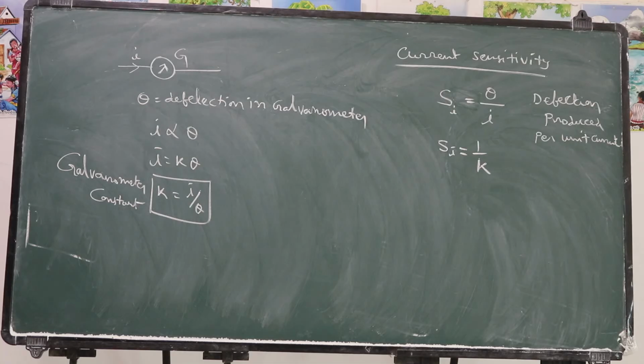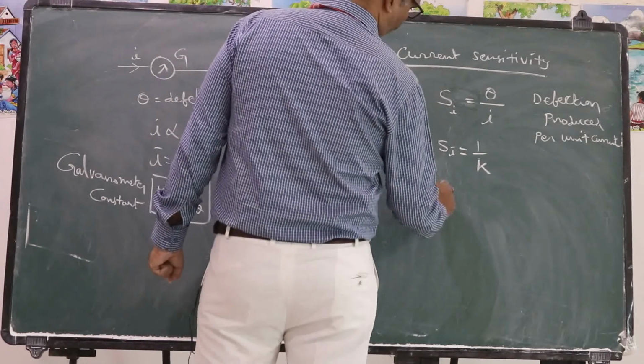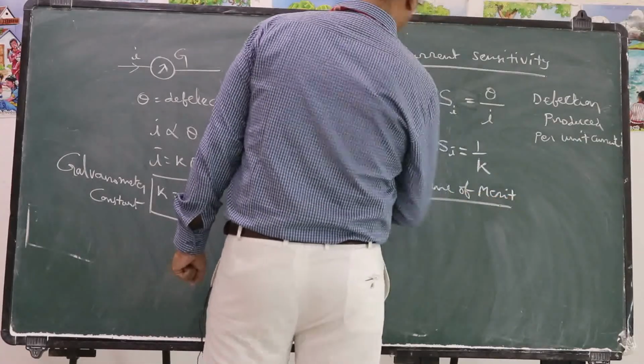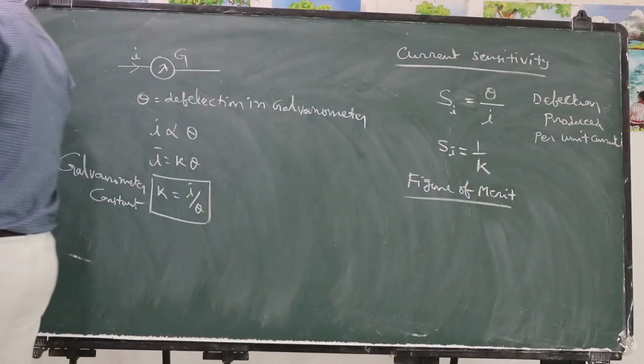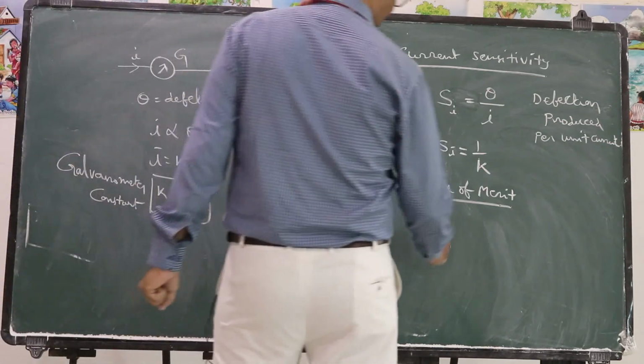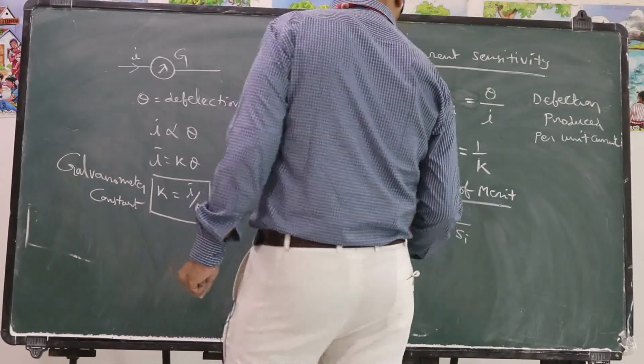Current sensitivity is identified as reciprocal of galvanometer constant. Next, we can have one more word here, figure of merit. What do you mean by figure of merit? It is also very simple. It is the reciprocal of current sensitivity. Reciprocal of current sensitivity is called figure of merit, 1 by SI, which is nothing but galvanometer constant.